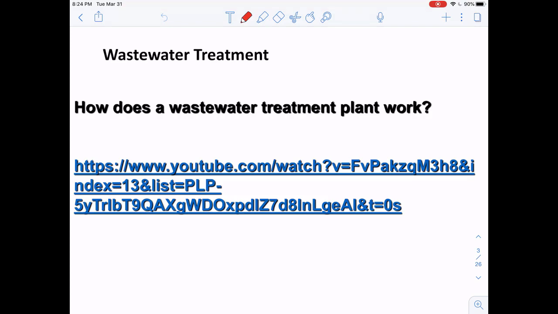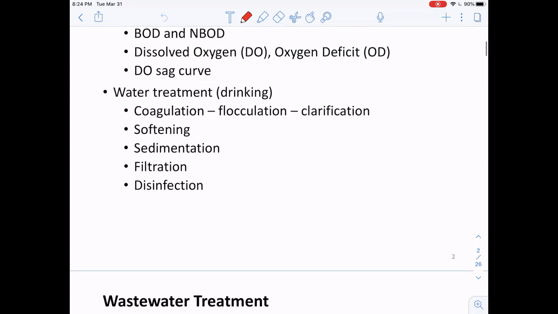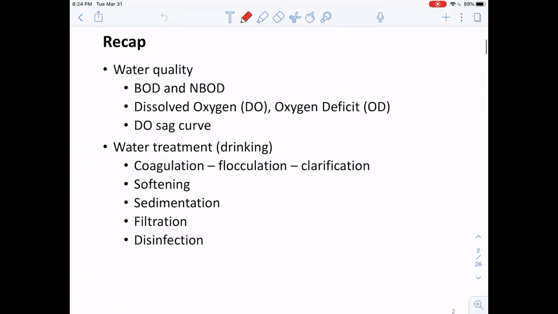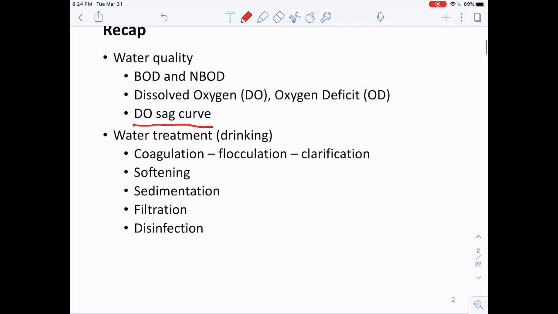Actually, it doesn't. When we were learning about the DO sag curve, we found out that when the BOD of the sewage water is above a certain value, the dissolved oxygen might reach the critical point where the dissolved oxygen concentration drops to 0.